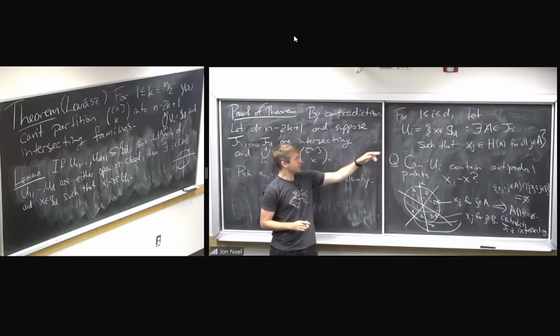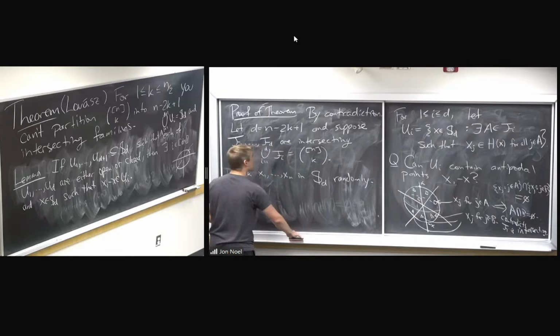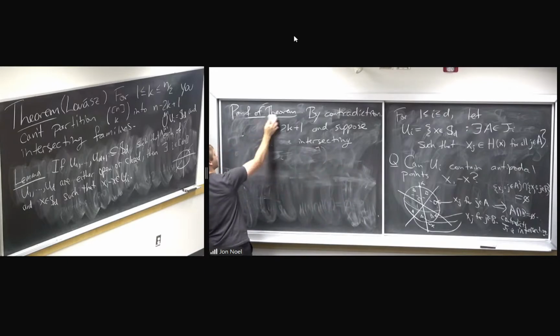Let's observe that these sets Ui are open. How would I get that? Remember, an open set is something I get from a bunch of open hemispheres by doing intersections and unions, countable unions and finite intersections, but everything is actually going to be finite here.